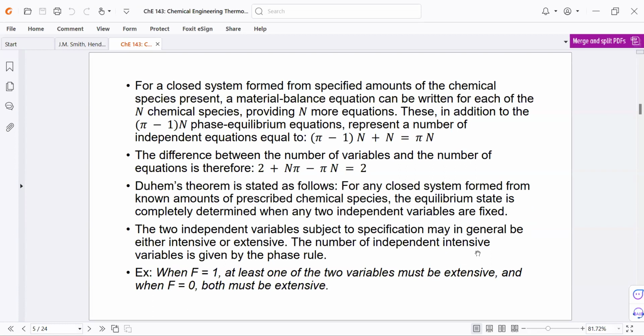For a closed system with specified amounts of chemical species present, a material balance equation can be written for each of the n chemical species involved, providing n more equations.